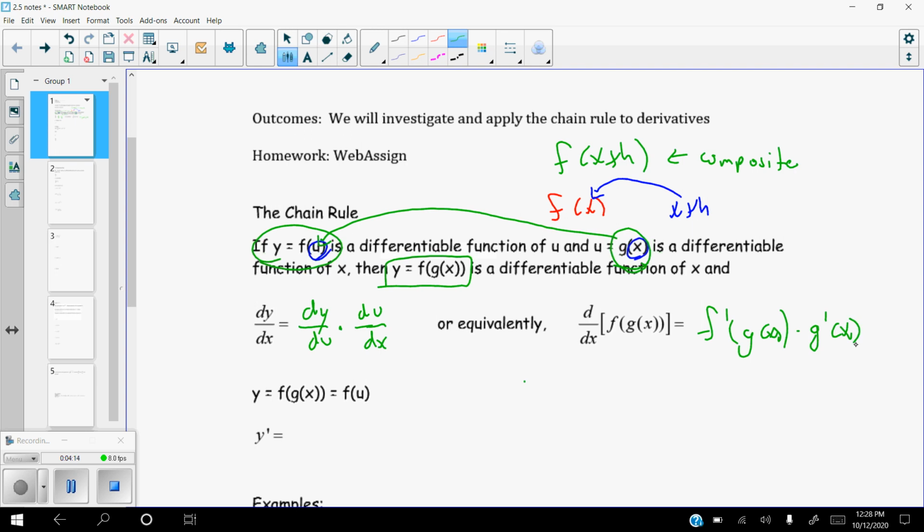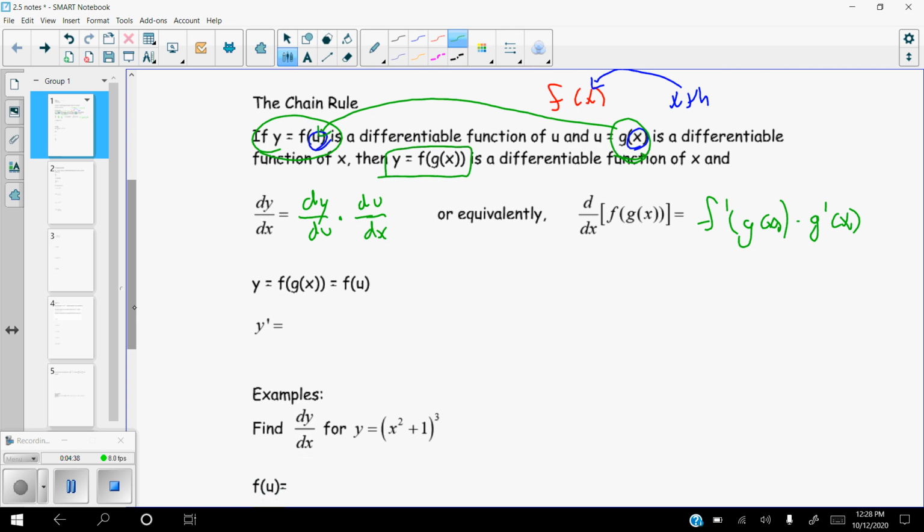A lot of people like to use outside and inside, so it's really the derivative of the outside function, keep the inside, and then times the derivative of the inside. So I'm going to spend a lot more time in the development of this early on, and then we're going to get into the examples because it's a lot to keep straight if you're just not thinking about it clearly.